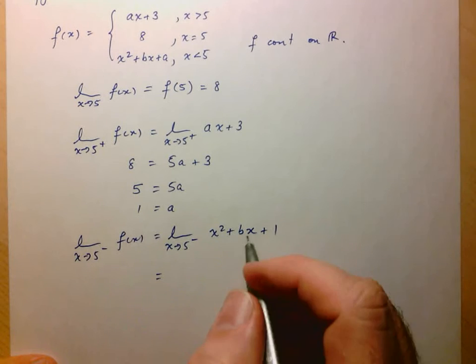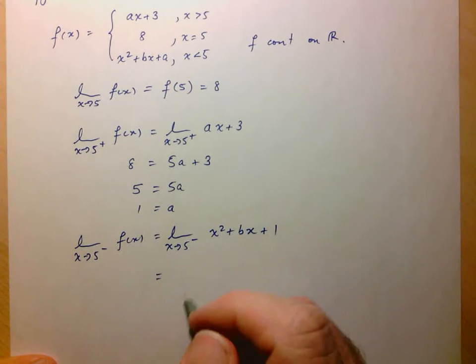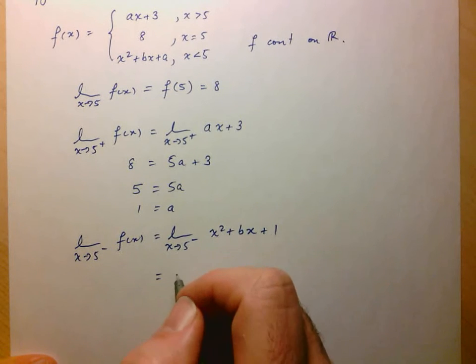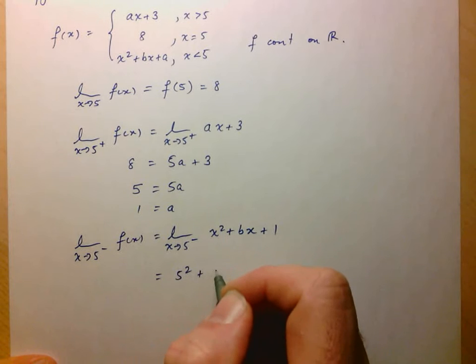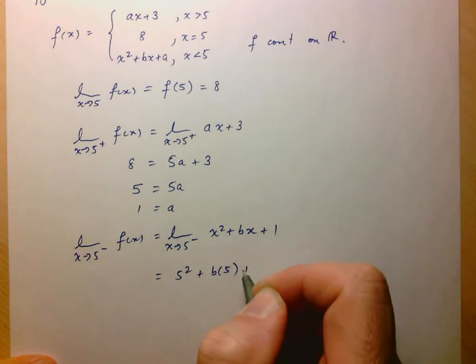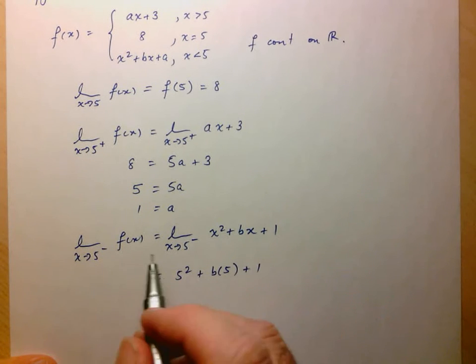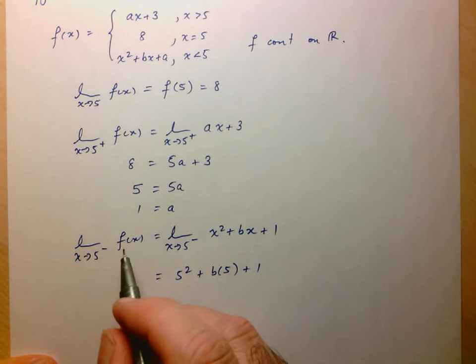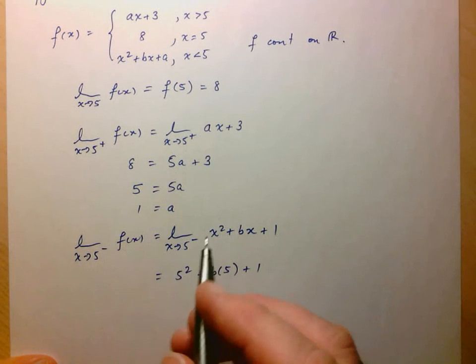And again, this is just an easy limit to take because it's just a quadratic. So this is just going to approach 5 squared plus b times 5 plus 1. And I need the left-handed limit to also be equal to the function value of 8.